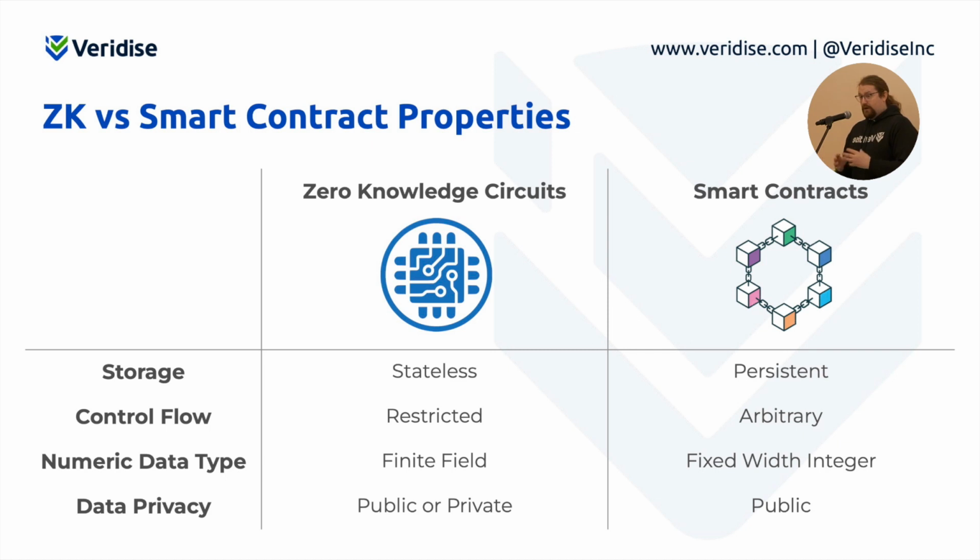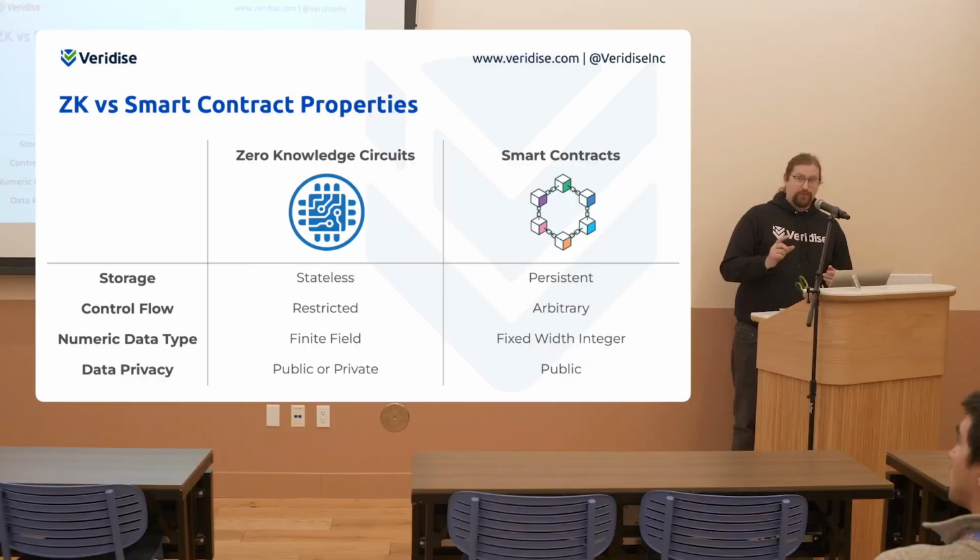Usually, their numeric data type is a fixed-width integer rather than a finite field, and so the difference is a fixed-width integer is going to be 2 to the power of something, whereas a finite field is going to allow numbers up to some large prime to be expressed. And finally, smart contracts always make the information published on the smart contract public. So if you want privacy, you have to integrate with some other technology like zero-knowledge circuits.